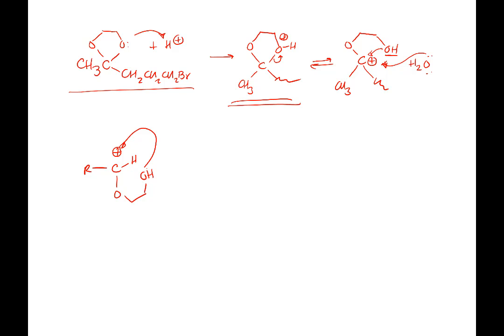I mean, I can do tremendous things with this. I can column chromatography it as long as it doesn't touch acid. The minute it touches acid, it's back to the ketone. So that's why this is the way we usually make acetals and ketals. When we want to, this is what we make.